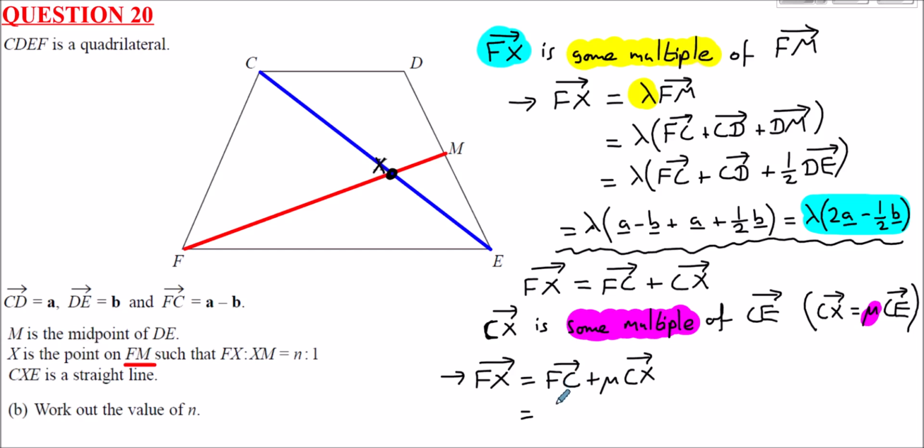So from F up to C, that's A minus B. Then plus mu lots of from C to X. Sorry, from C to E. That's another mistake. I think I must be tired. Do apologise. That should be CE.